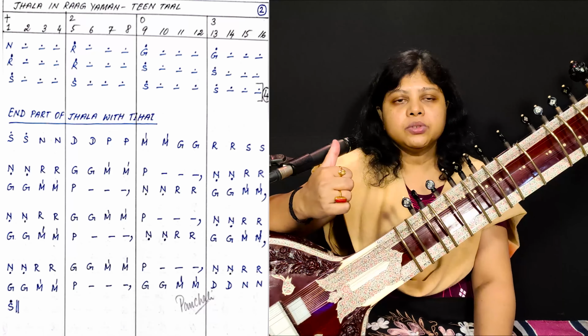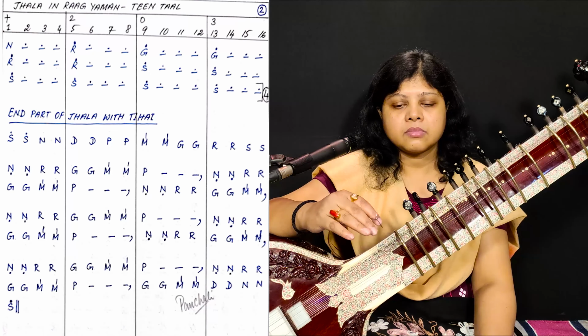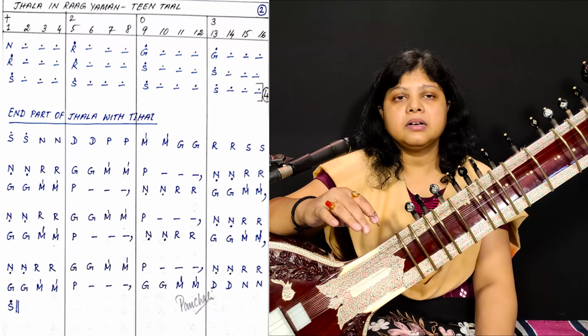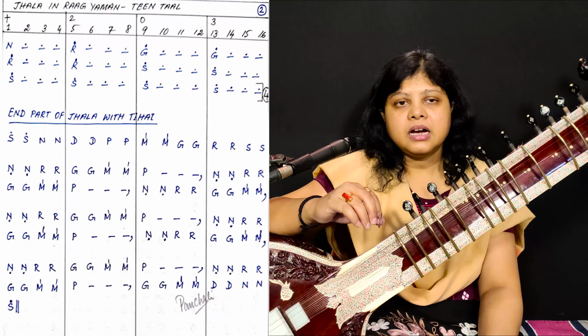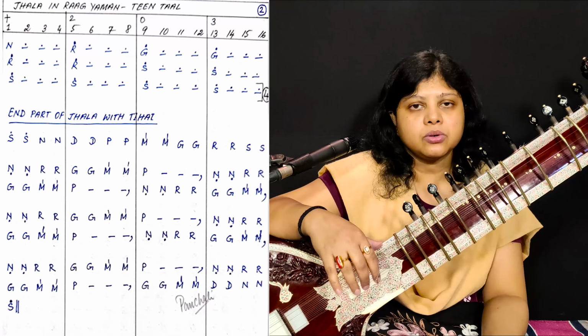Now, just go through the tihai part. Sasa, Nini, Dha, Papa, Mama, Gaga, Re, Sasa. I have written once, but if you want, you can play this first line 3 times also.